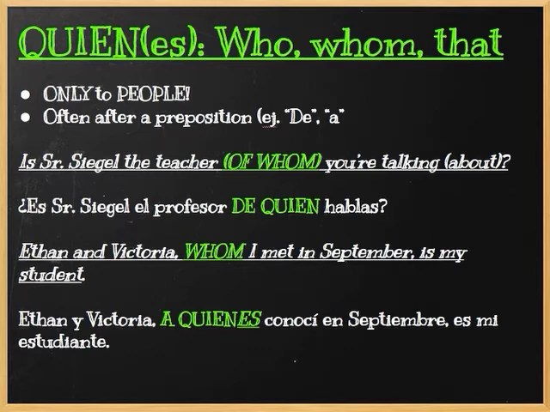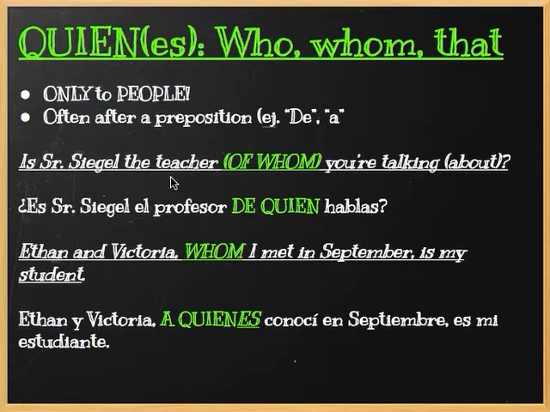So the examples that I give here show that quién often appears after a preposition, so words like de and a. So to whom or of whom. I think the idea of whom is one that we don't really think about much in English and that we use incorrectly often. So let's look at these two examples.